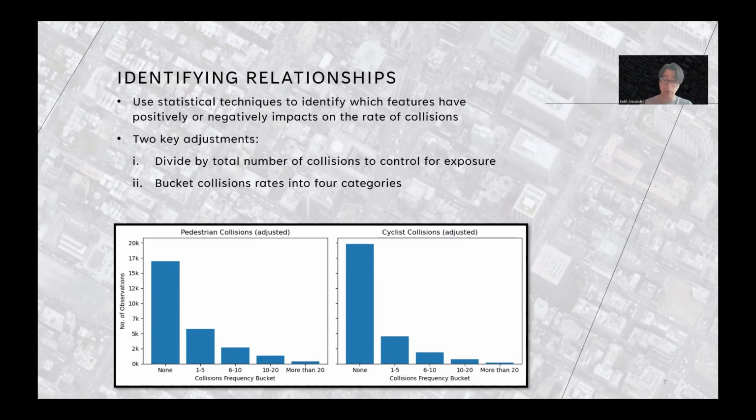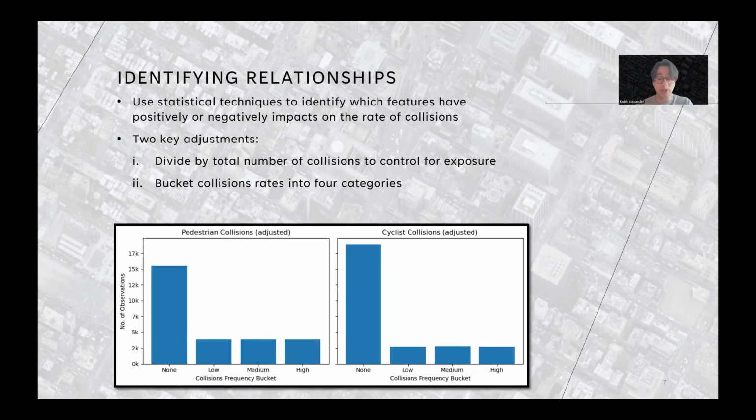Second, to account for the skew that we see in this distribution, we bucketed these collisions into 4 categorical buckets. We can see that adjusted version here, where we have a bucket for none, given the prevalence of intersections with no collisions at all. And then we evenly split the remaining between low, medium, and high buckets.